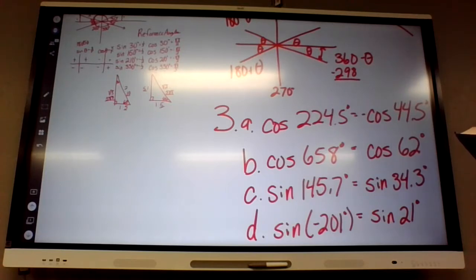What's up with D on number 5? Okay, it just says sine of 0.49. It does not have the degree symbol. So what do we do about that? Okay, if it doesn't put degrees, it means radians.